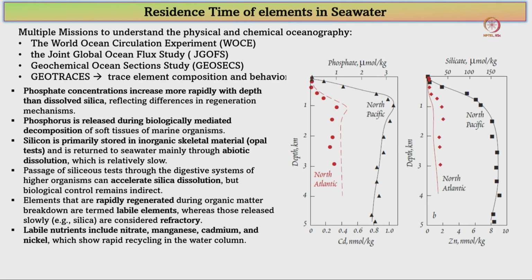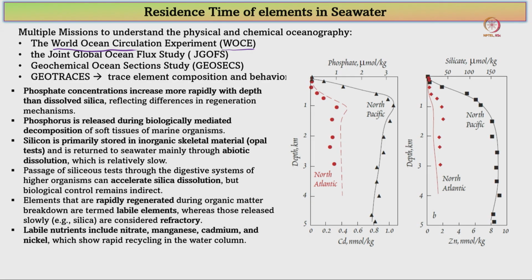The very early objective was understanding the ocean circulation. At that time, we were understanding the ocean features, what the depth is, what the bathymetry is, what physical features we are seeing now, we came to know through those observations and experiments.